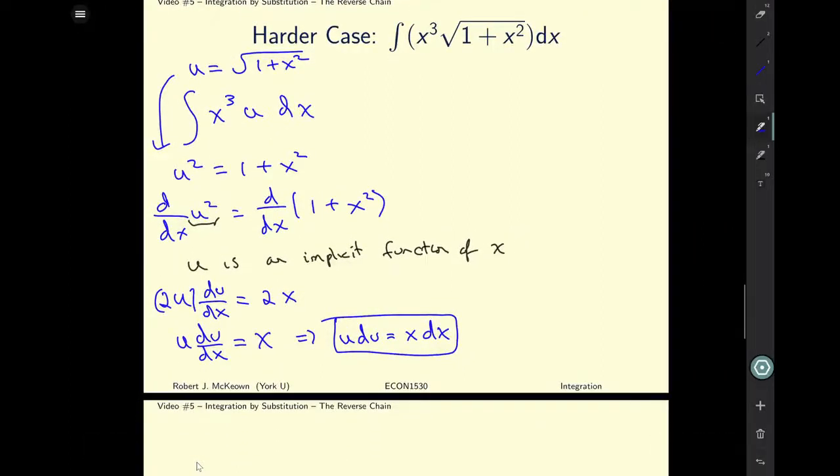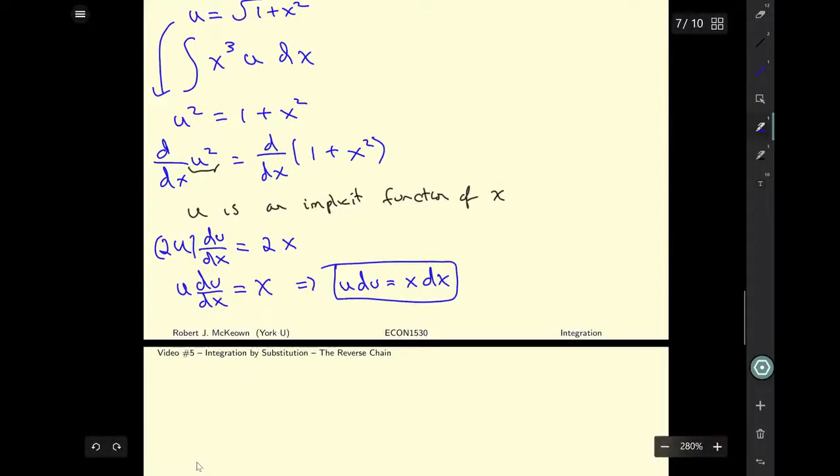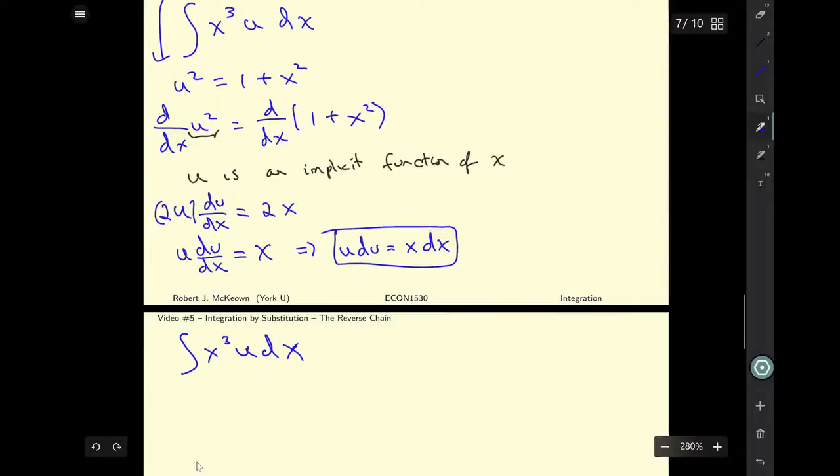So remember, what's our next step? Well, we've got this integral with x cubed in it. And if I just rewrite this thing, I could factor out one of the x's from the x cubed, and now notice we've got x dx and x dx.